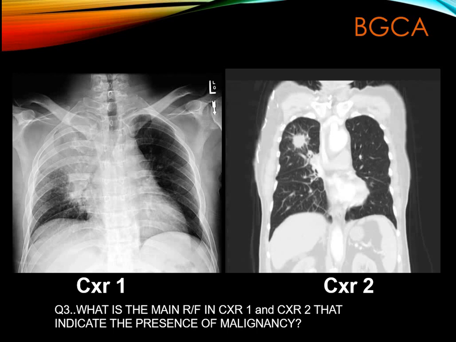Chest X-ray number 1: this is an example, and what are the key features in this chest X-ray? This is your question. Chest X-ray number 2: of course, this is not a chest X-ray, this is a CT scan, coronal section. We have a nodule, and it is clearly malignant, and I'm asking you about the key features which make us think of a malignant nodule in this CT scan.